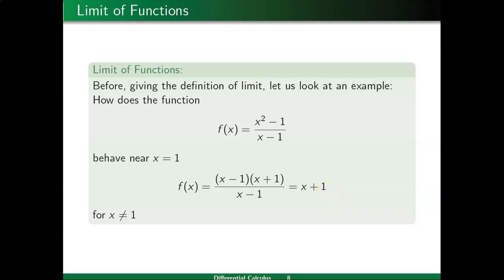And dear students, f of x equal to x square minus 1 upon x minus 1 is clearly not defined at x equal to 1. So we have to impose the condition that x should not be equal to 1. We are discussing the behavior of this function f of x near x equal to 1, right?